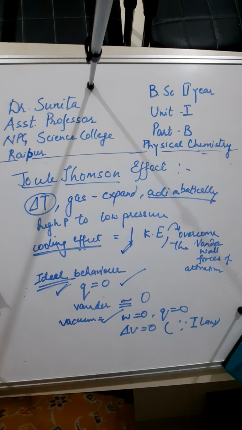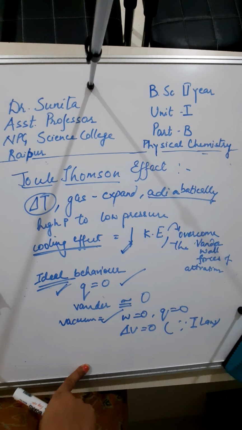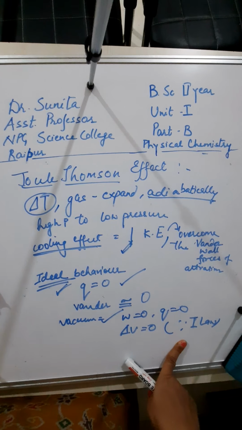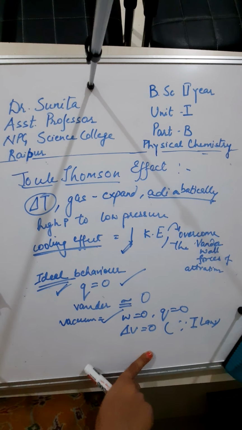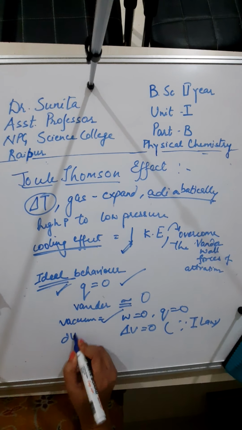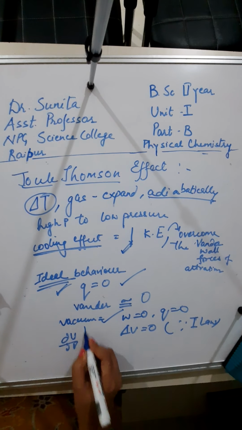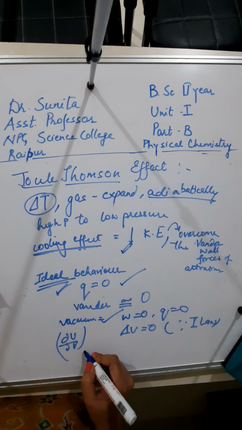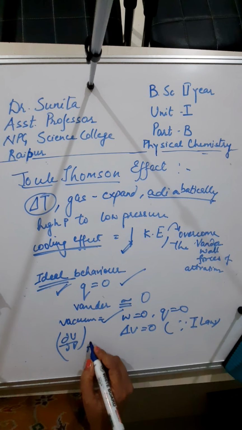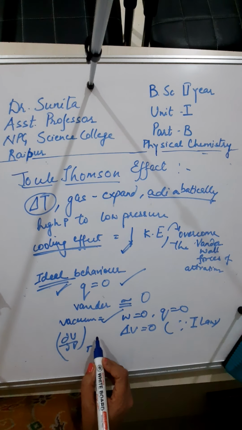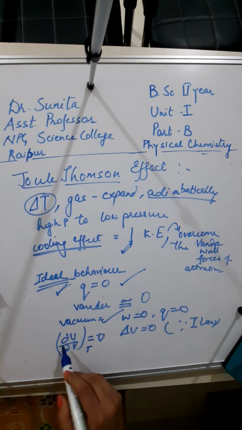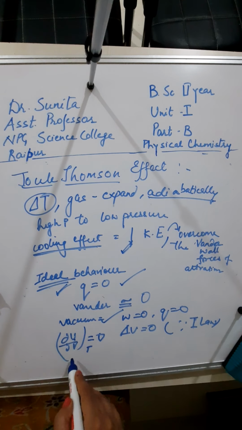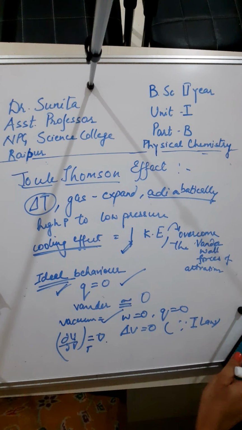Thus, when an ideal gas undergoes expansion under adiabatic condition in vacuum, there is no change in the internal energy. That means the internal energy of a given quantity of an ideal gas at constant temperature is independent of its volume.